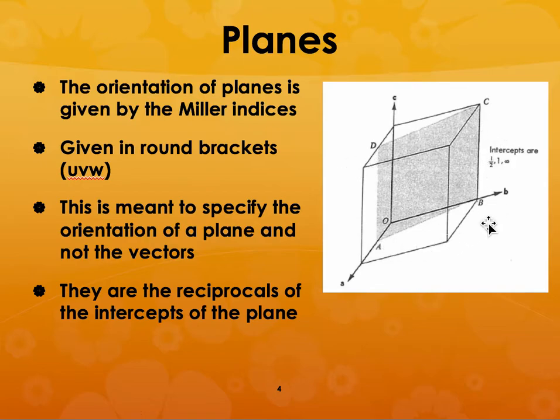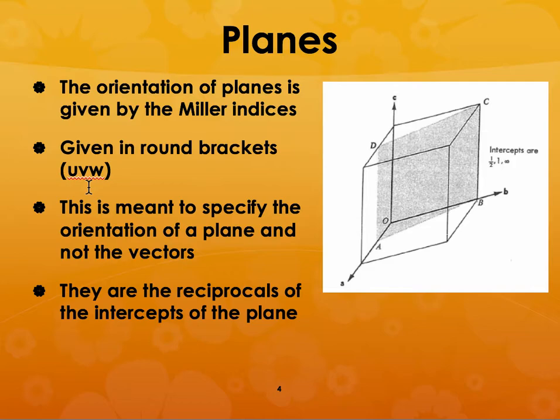So this shaded area, where it intersects with the different directions, is called a plane, and how you represent them is given by what are called Miller indices, and it is given in round brackets.